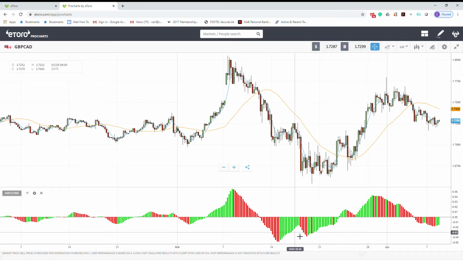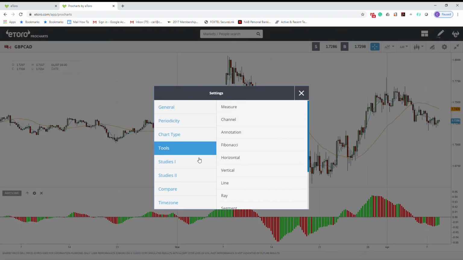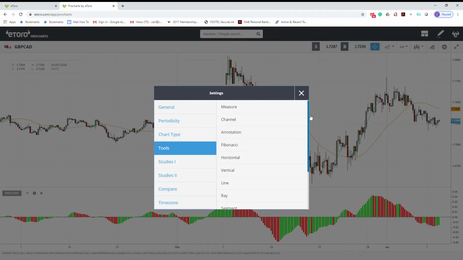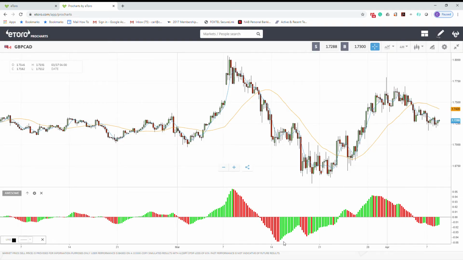You can get a buy signal when the bars are below zero and you have two lows, where the second low is closer to the zero line. I'm going to use a doodle just to create a line here.